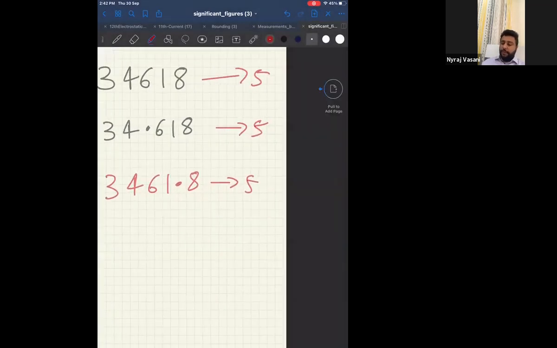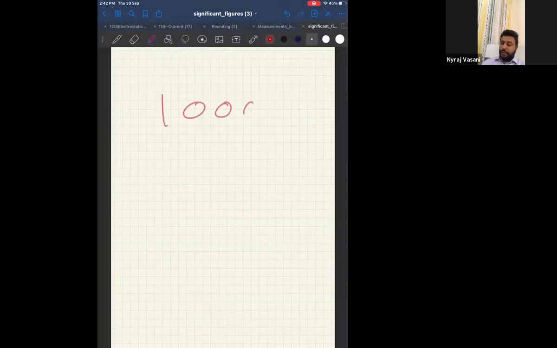Look at this number 1, 0, 0, 0, 1. Can I say in this number, 1 and 1 are anyway significant because they are non-zero numbers. Now, what about these zeros? Look at this 0. Does this 0 have a non-zero number on the left?